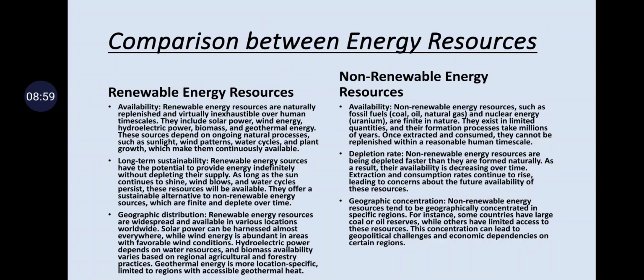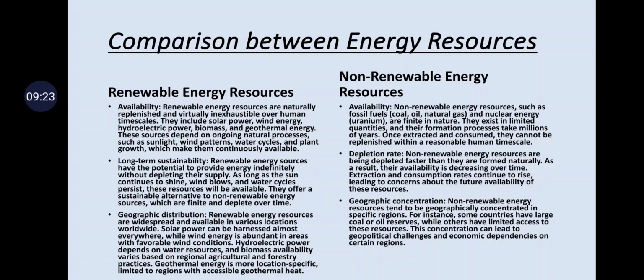Comparison between energy resources. Now we are going to compare renewable energy resources and non-renewable energy resources. Availability. Let's see the availability of these two resources. Renewable energy resources are naturally replenished and virtually inexhaustible over human timescales.